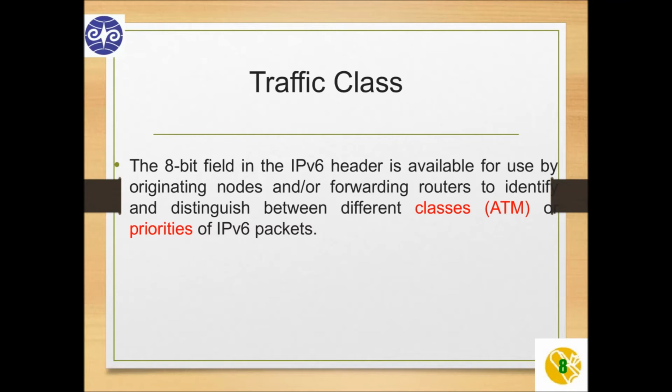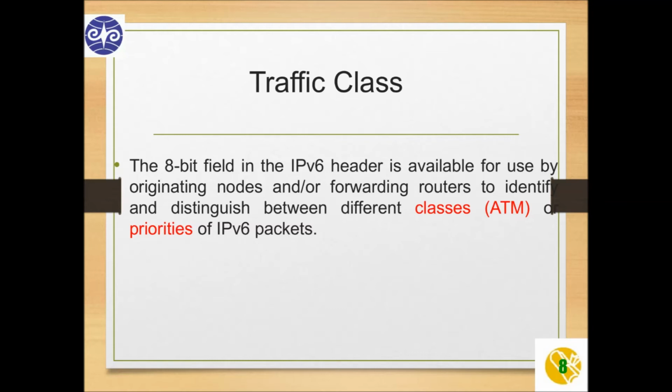Traffic class. Dear students, the concept of classes we have discussed in ATM, which was our WAN technology, asynchronous transfer mode. The 8-bit field in the IPv6 header is available for use by originating nodes and/or forwarding routers to identify and distinguish between different classes or priorities of IPv6 packets.